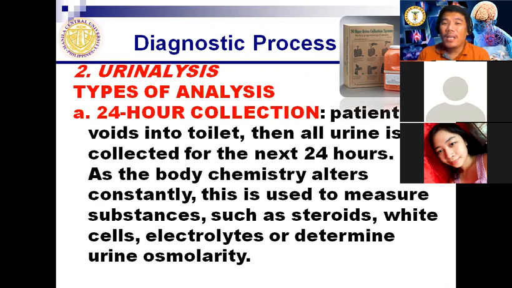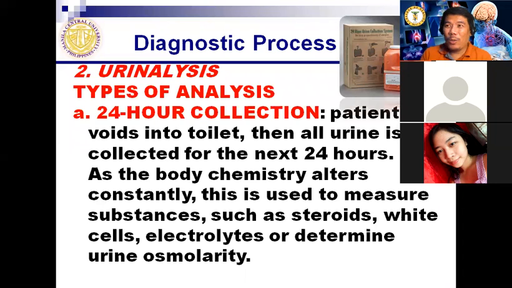Actually, class, the 24-hour urine collection is indicated for the following. If there will be abuse of steroids, okay? If there will be extensive infection, so that we can identify specifically what microorganisms could risk the client for the type of infection.